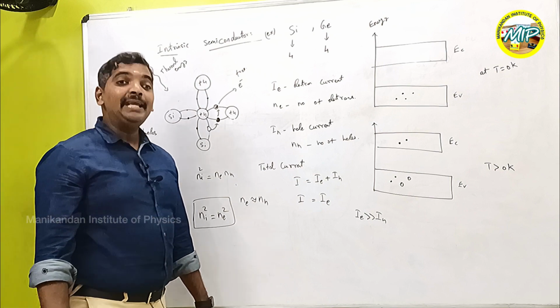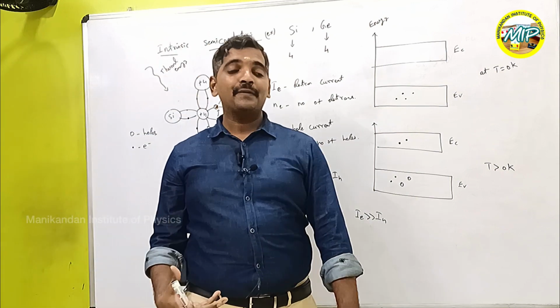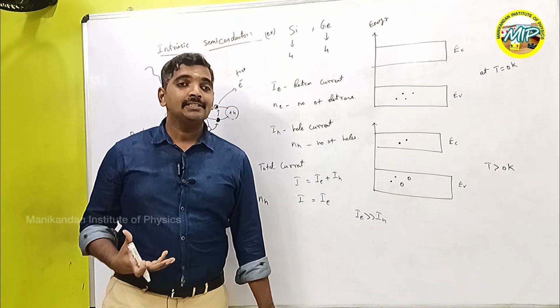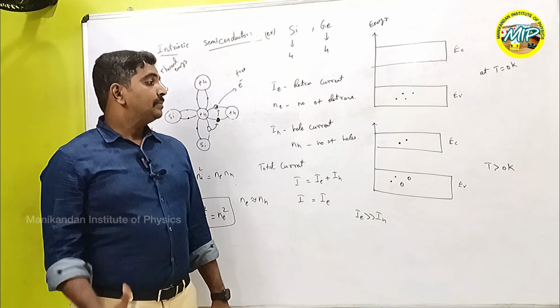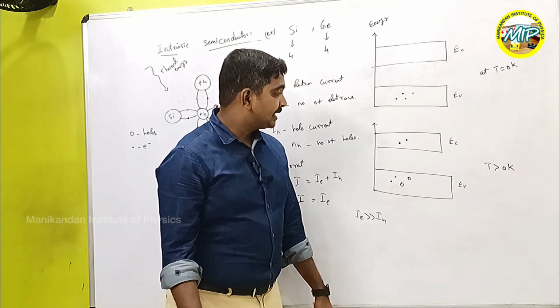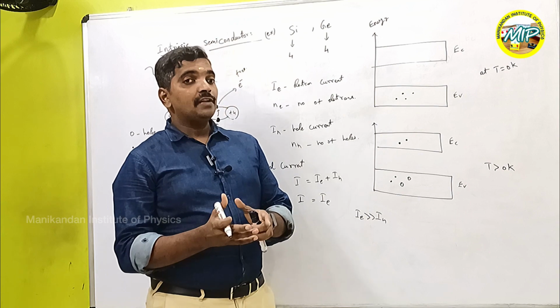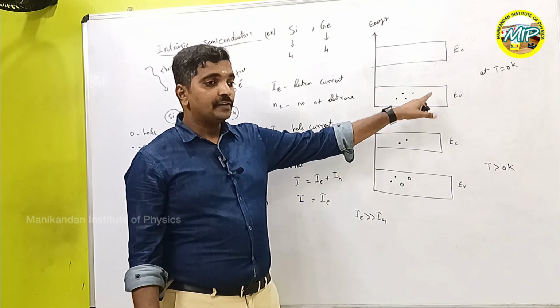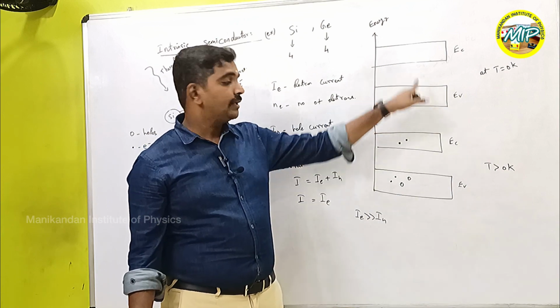This is the demerit of intrinsic semiconductors. Why is this a demerit? Simple: at 0 Kelvin there are no free electrons and no conduction process.